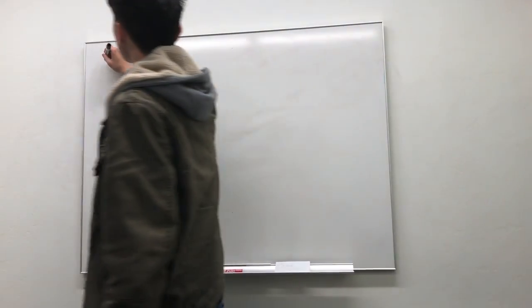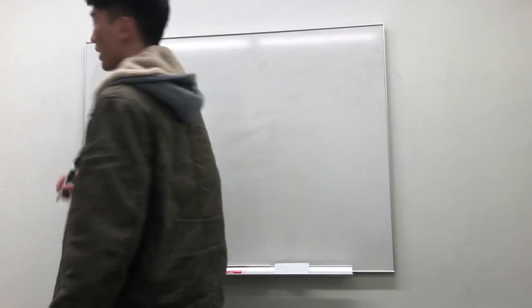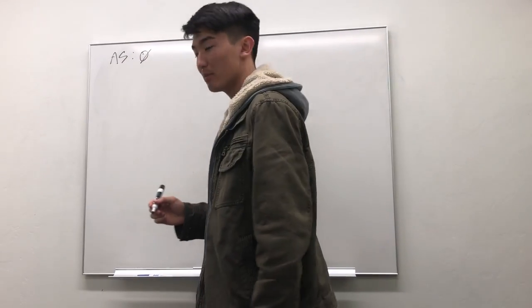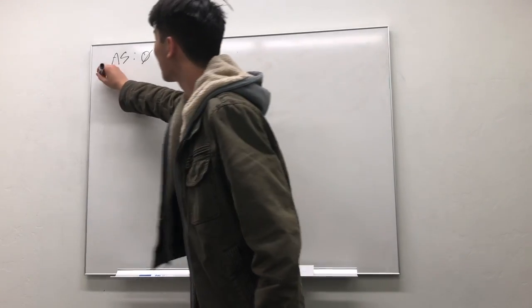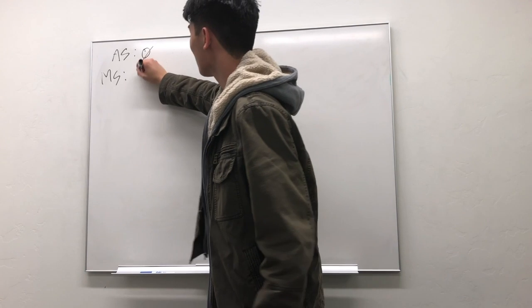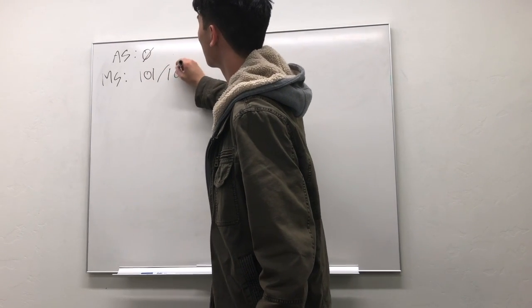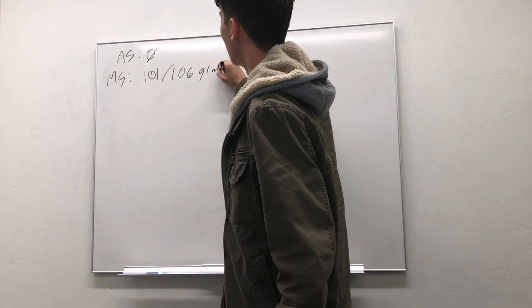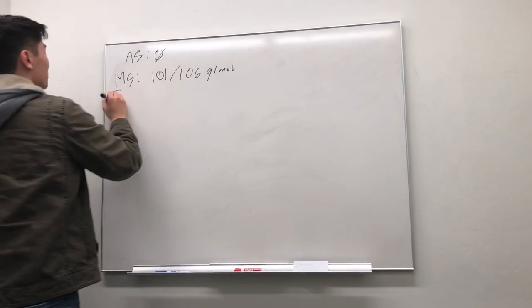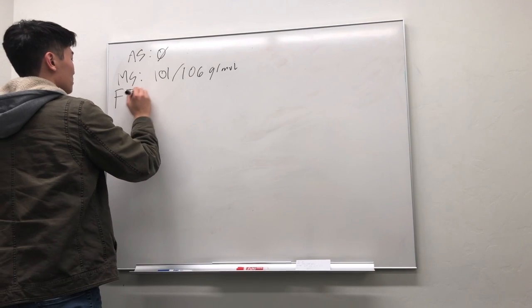First things first, absorbance spectroscopy. Absolutely useless, didn't give us any sort of valuable information. Thanks for that, by the way. Next, MS, mass spectroscopy, showed us that the molar masses of the molecules were 101 and 106 grams per mole. After that, we had FTIR. These showed us the bonds that were present in each of the molecules.